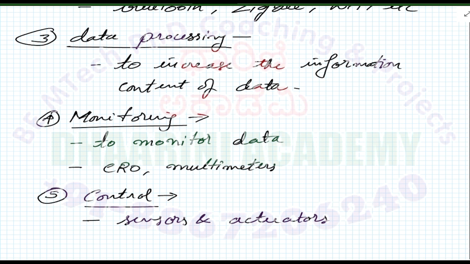A good example is the automatic AC, right? You will set the value to 25, and the temperature is continuously monitored by the temperature sensor. If the temperature is more than 25, the fans will automatically turn on and bring the temperature down to 25.